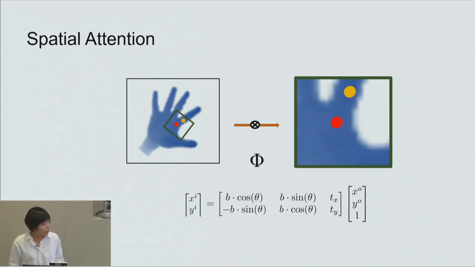For example, if we want to estimate the yellow joint, we focus on the patch centered on the estimated red joint location. The tx, ty in the transformation is the location of the red joint, and theta is the rotation for the whole pose. And B specifies the cropped size of the patch.